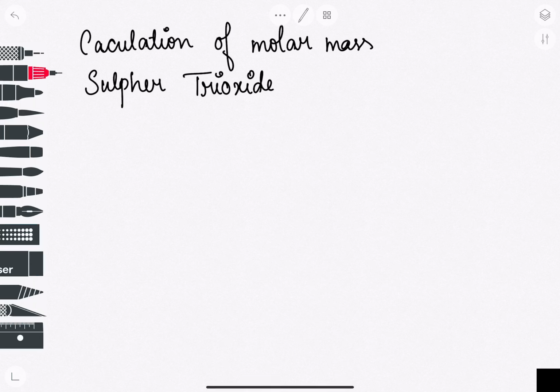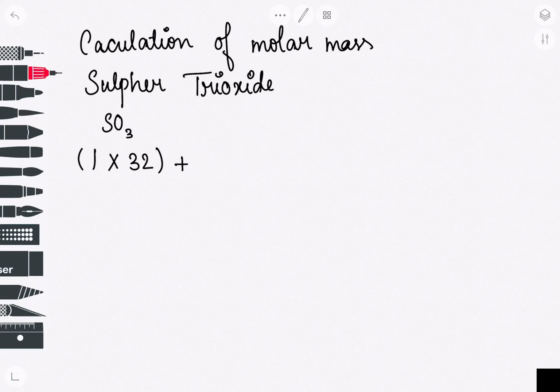First we identify the formula. The formula is SO3. Then we substitute: the number of atoms in sulfur is 1, multiplied with its atomic mass, which is 32.